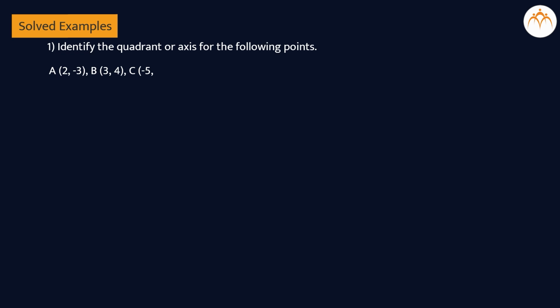Let's solve some examples. Identify the quadrant or axis for the following points: A (2, -3), B (3, 4), C (-5, 4), D (-3, -5), E (4, 0), F (0, 5), G (4, -3).